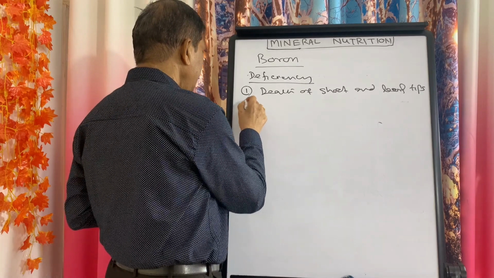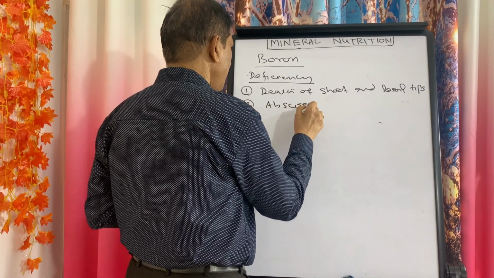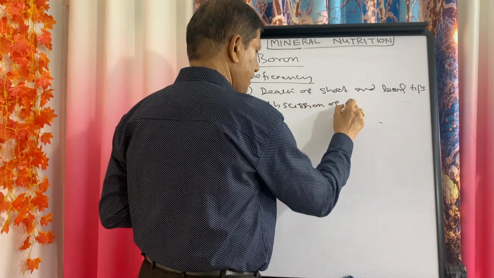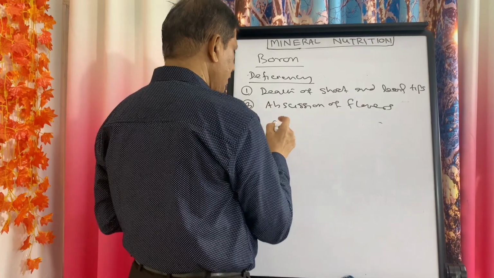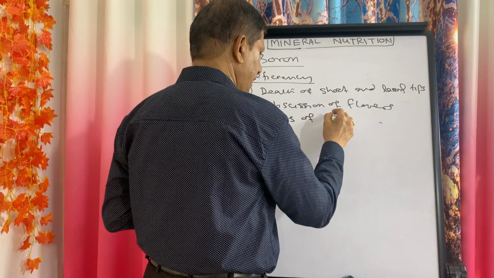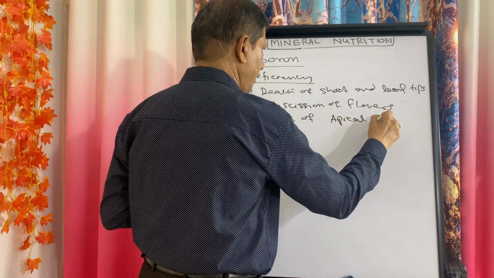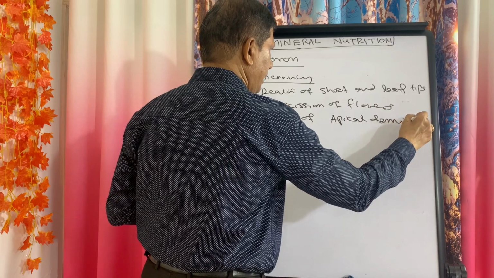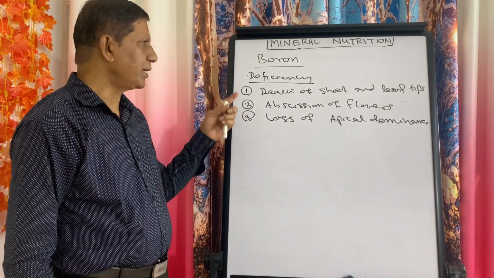Then the second one is abscission of flowers. Then there is a loss of apical dominance. The apical dominance which is caused by auxin will be lost if there is deficiency of boron.